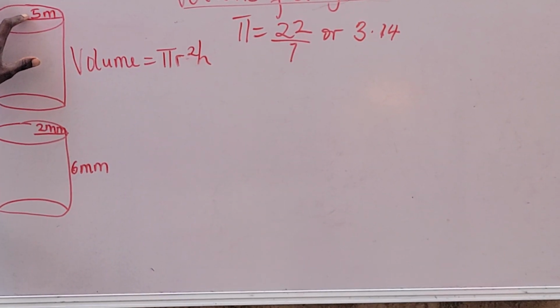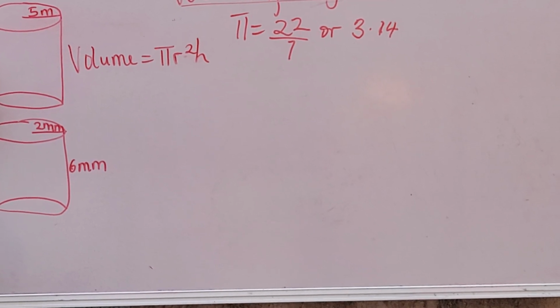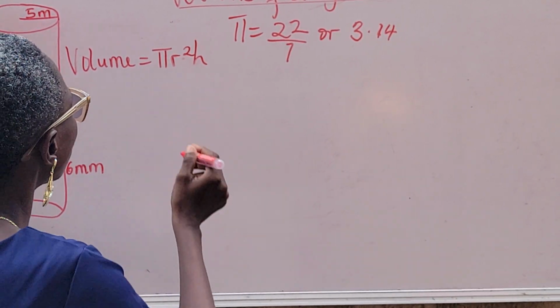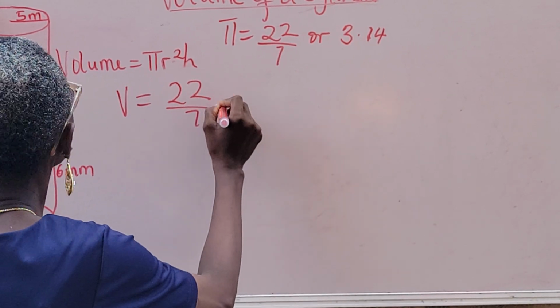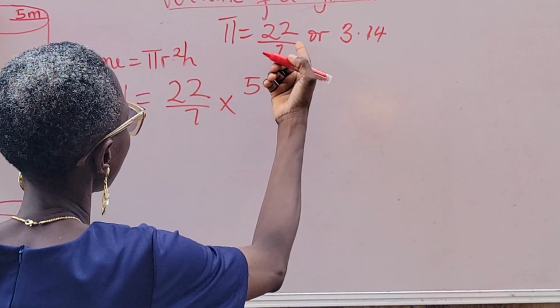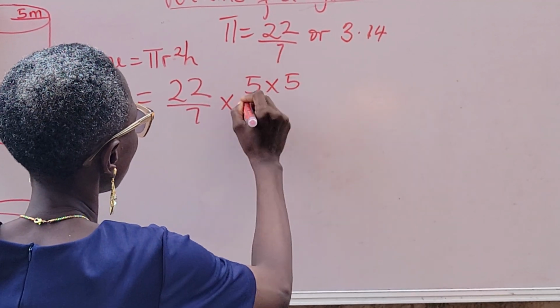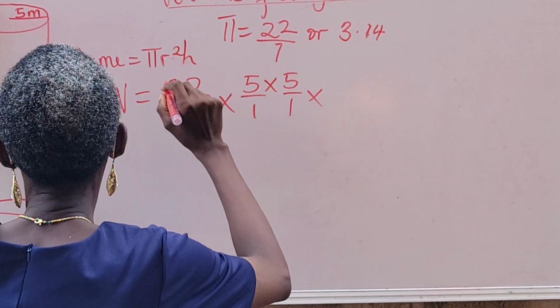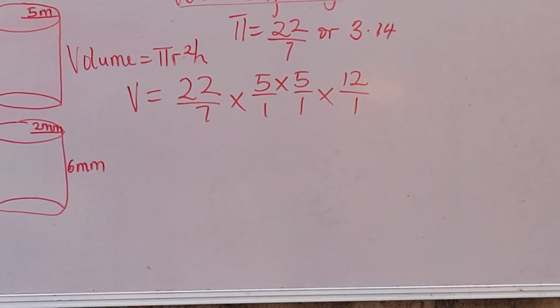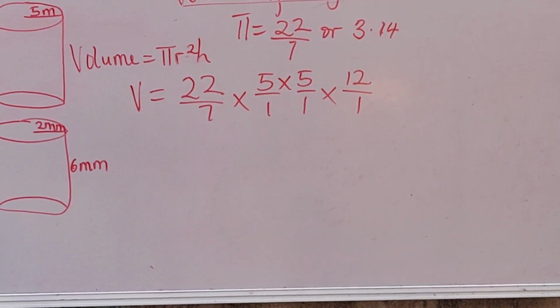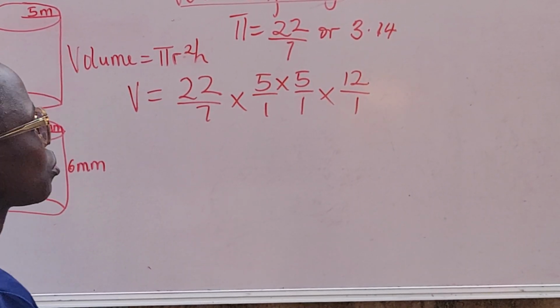The radius is 5 meters, while the height is 12 meters. So let's solve. Volume is 22 over 7 times radius raised to power 2 times the height, 12 over 1. So I'll be making use of my multiplication to solve this, and then I'll proceed to division.